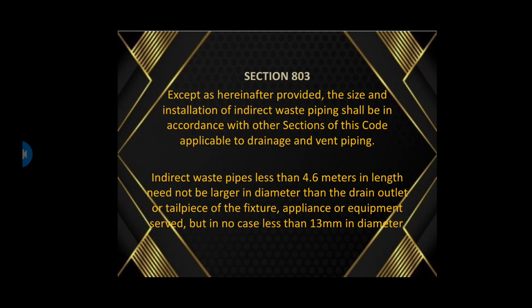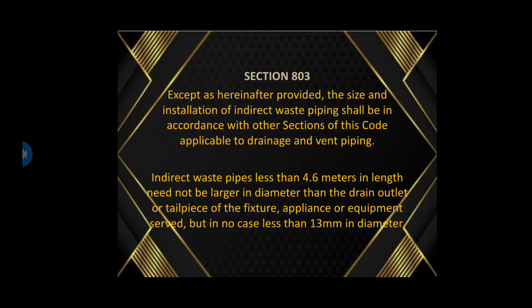No indirect waste pipe less than 4.6 meters in length need be larger in diameter than the drain outlet or tailpiece of the fixtures, appliances, or equipment served, but in no case less than 13 mm in diameter. No vent from indirect waste piping shall be connected with any excreta vent. Excreta means waste matter drained from the body, especially feces and urine.